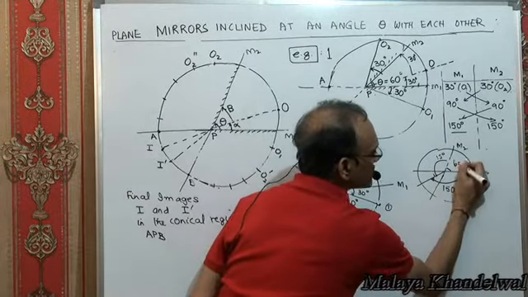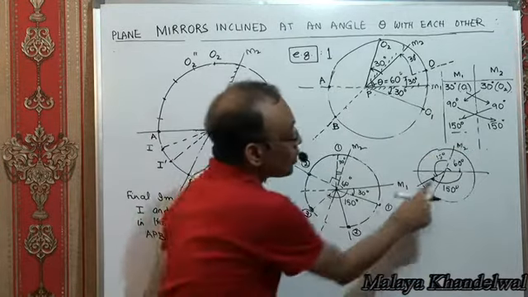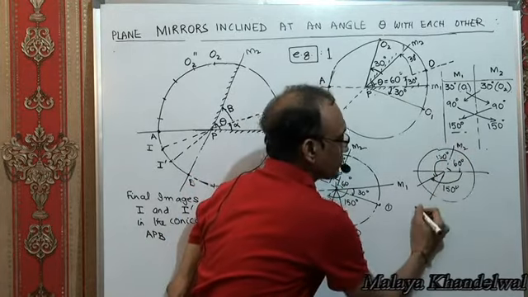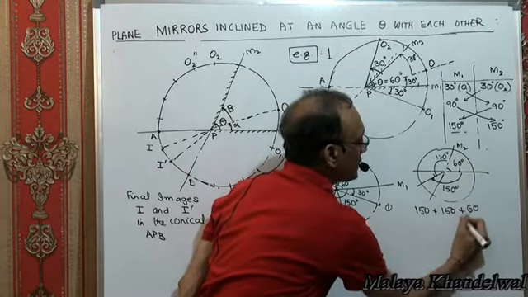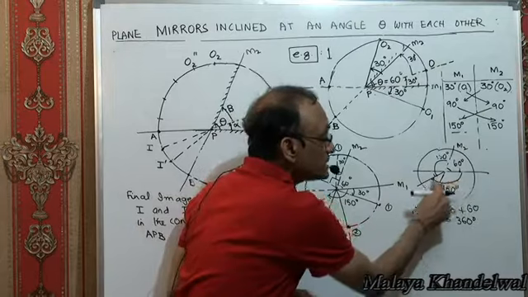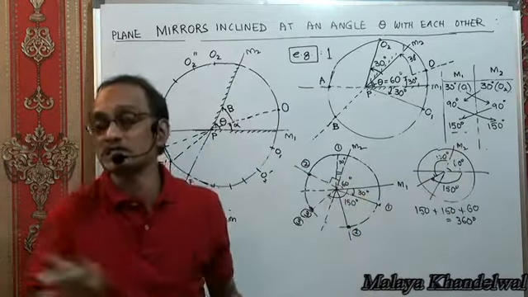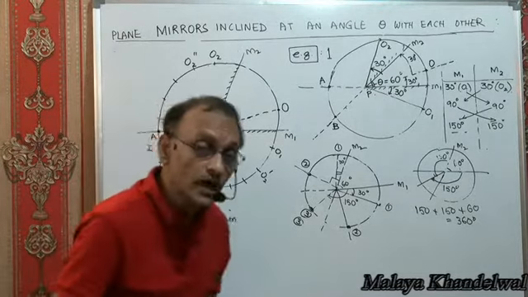Theta is 60 degrees. That means these last images, 150 plus 150 plus 60, that makes it 360 degrees. And that's the reason. If the last image is formed by the two, why can't I form more images out of these? That is important to understand.